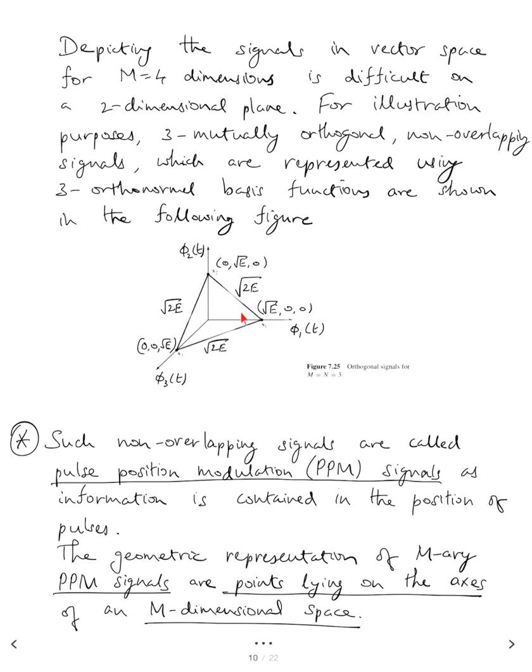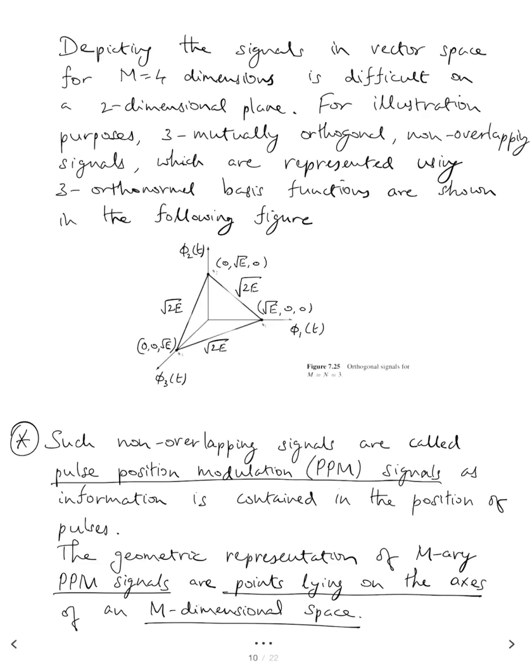We have 3 basis functions, phi 1, phi 2 and phi 3, in 3-dimensional space and 3 signals. Each of the signals S1, S2, S3 lies on an axis. S1 lies on the axis represented by the first basis function, S2 lies on the axis represented by the second basis function, S3 lies on the axis represented by the third basis function, and all of them have equal energy, and therefore their norm, which is the distance from the origin, is the same, square root of the energy, root e.